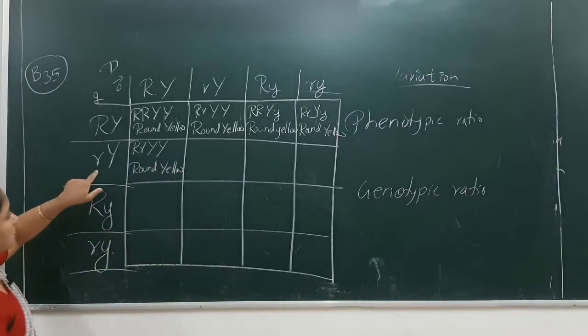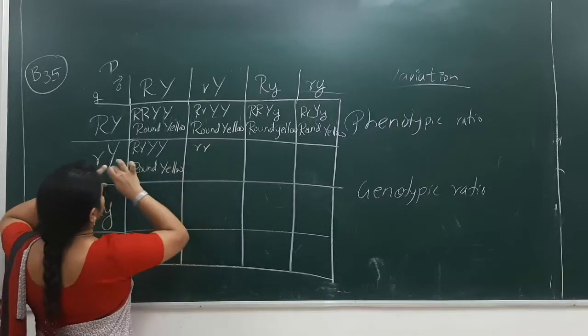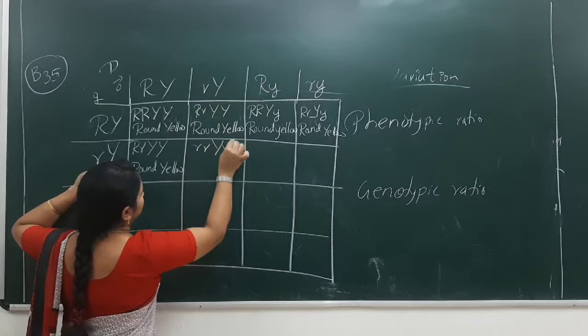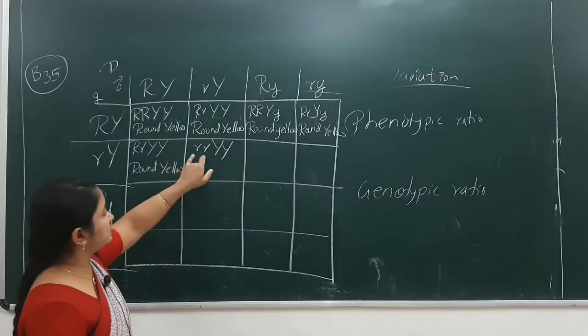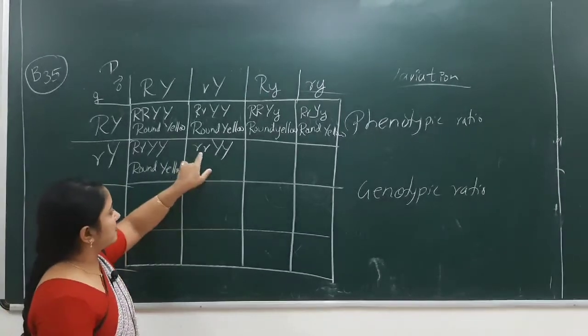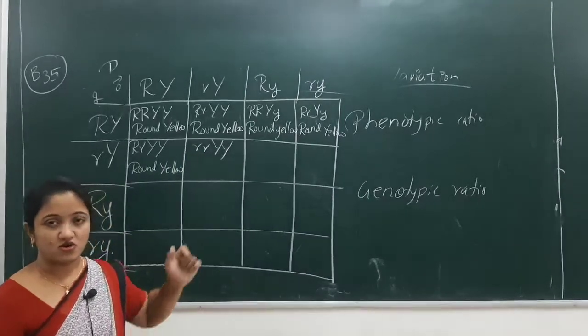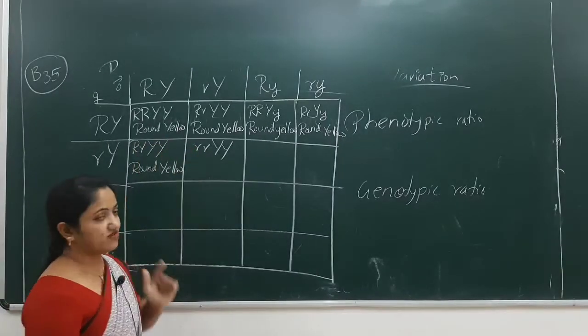Okay, in the next column, small r, capital Y, capital Y. Here there is no dominant gene or dominant allele here. Both are in recessive character or recessive trait.